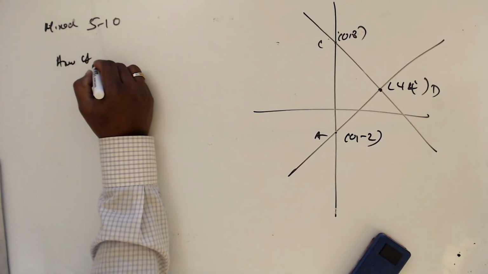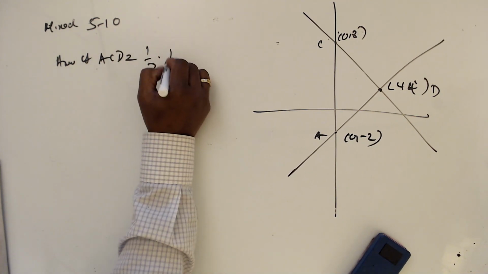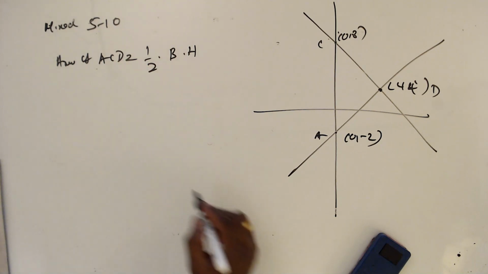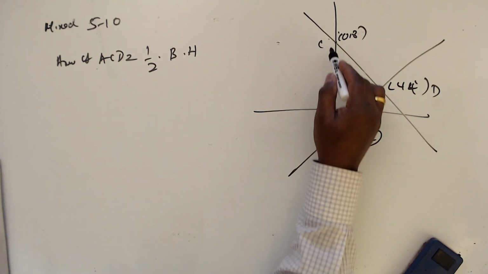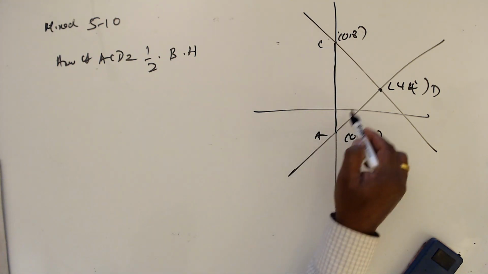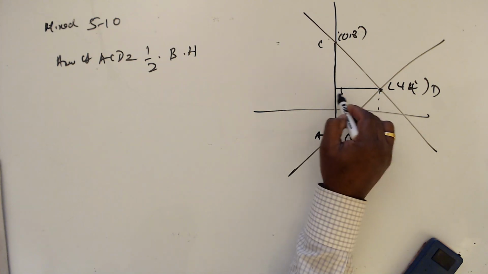Area of ACD: half base times height, because it's a triangle. If I take this as the base, this is going to be the perpendicular height.